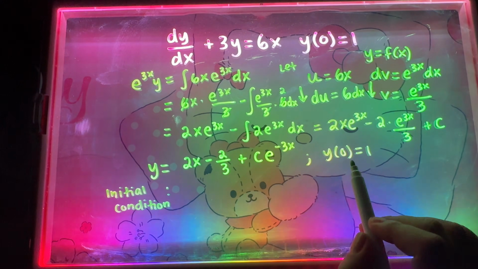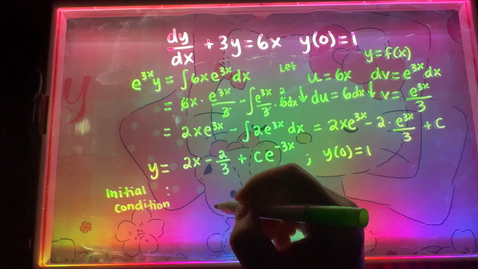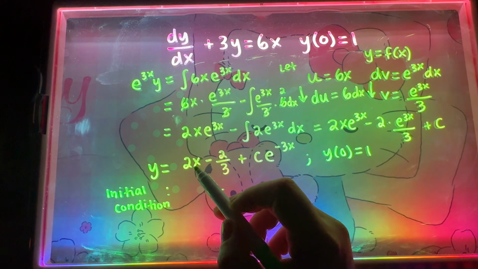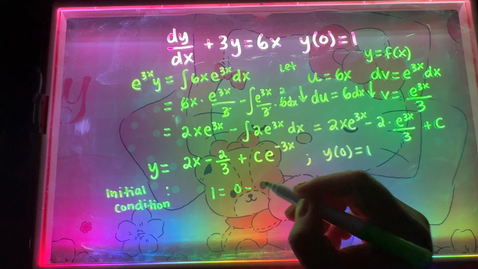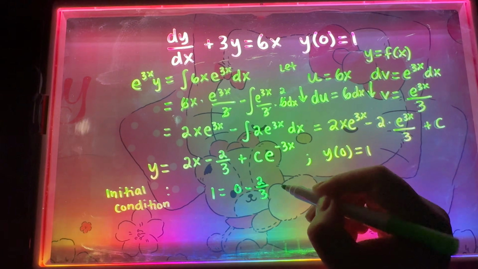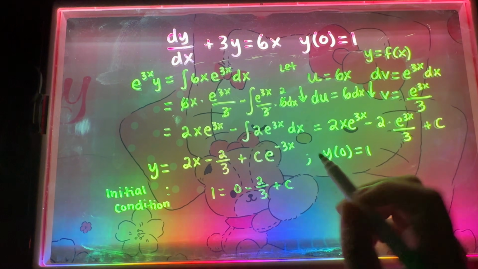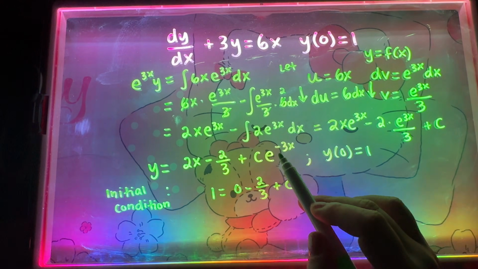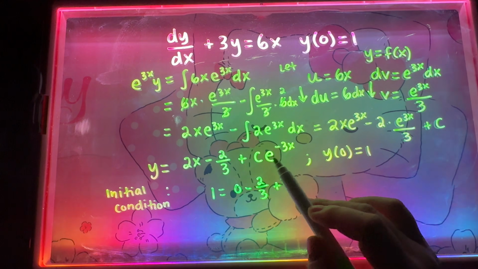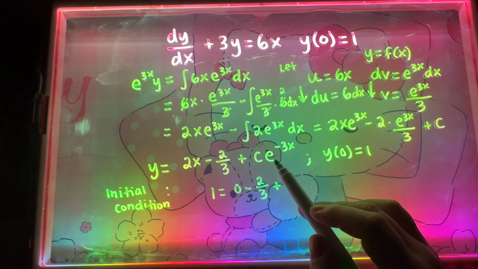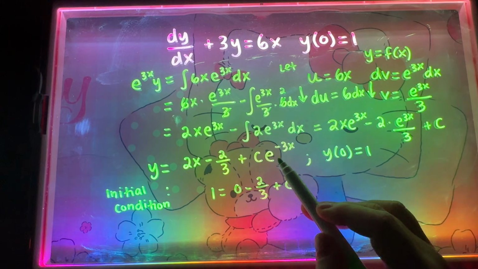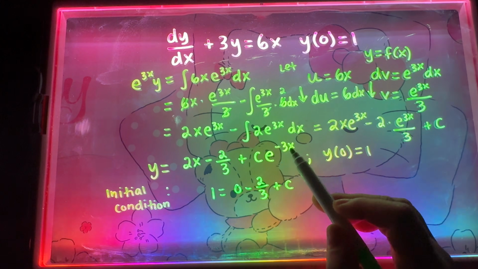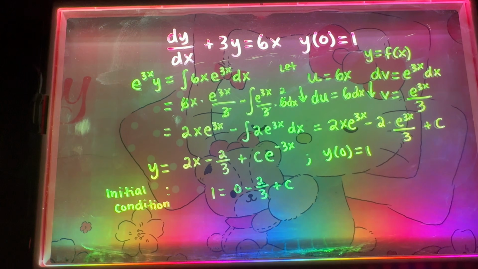So when x is 0, y is 1. So 1 will equal 0 minus 2/3 plus c e to the 0. So anything to the 0, and e is some constant. Not some constant, a special constant, but it's a constant. E to the 0 is 1. So just c here.